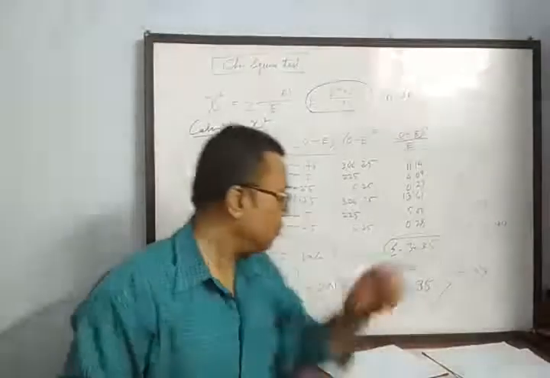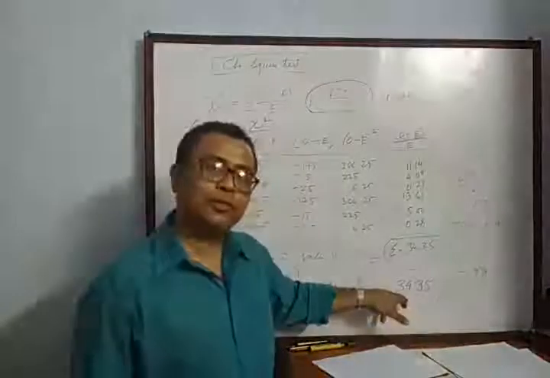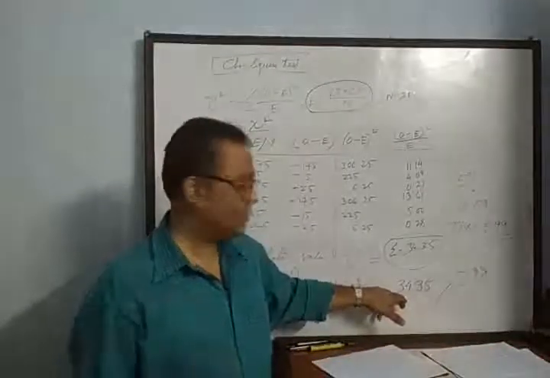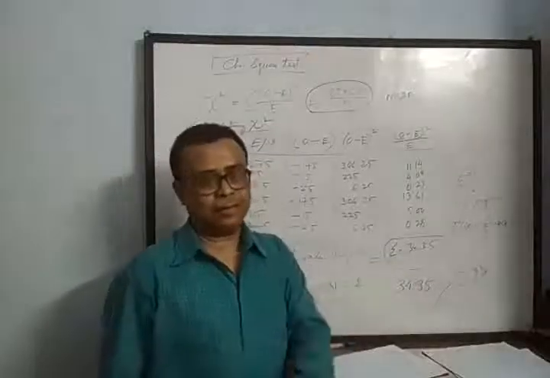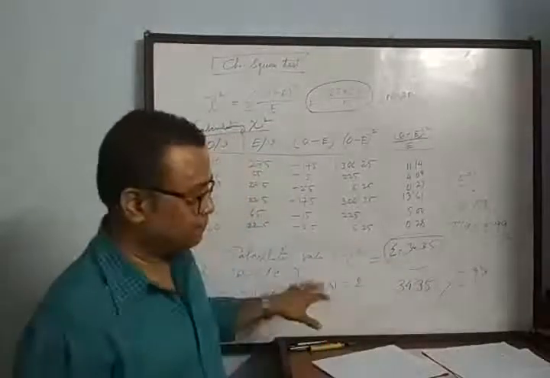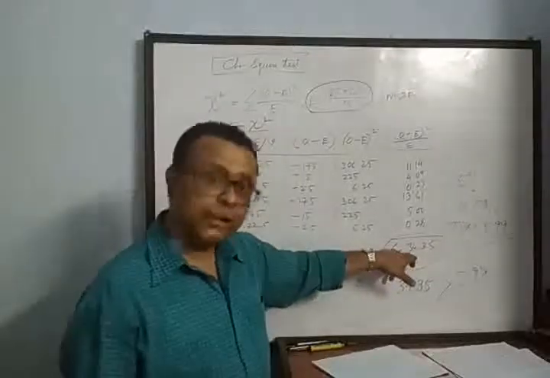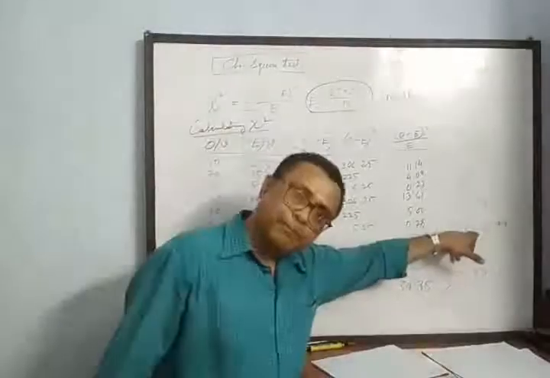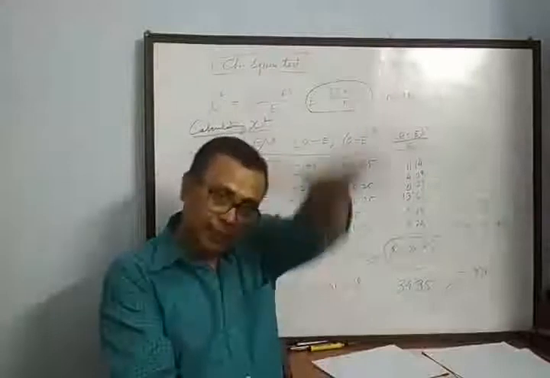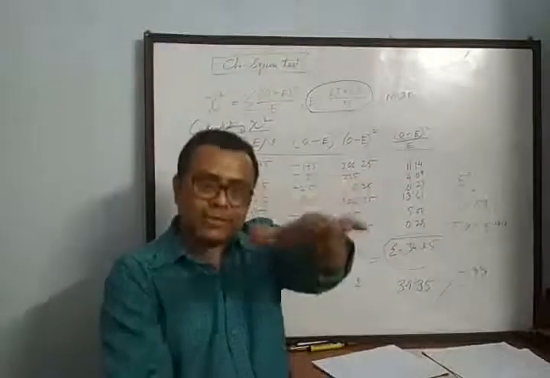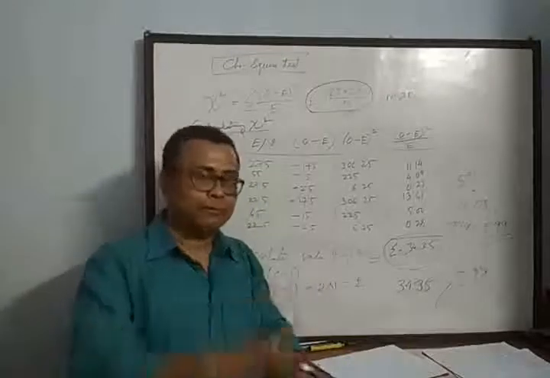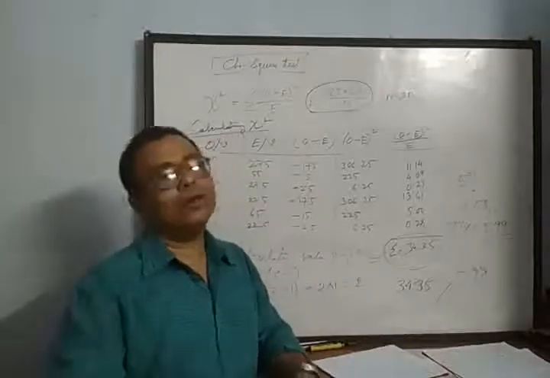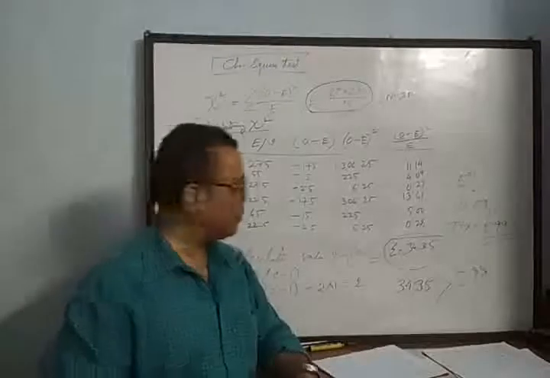No. The null hypothesis will be rejected. So automatically the alternate hypothesis will be accepted. Now if the calculated value were less than 5.99, meaning it comes under the level of significance, then we would accept the null hypothesis and reject the alternate hypothesis.